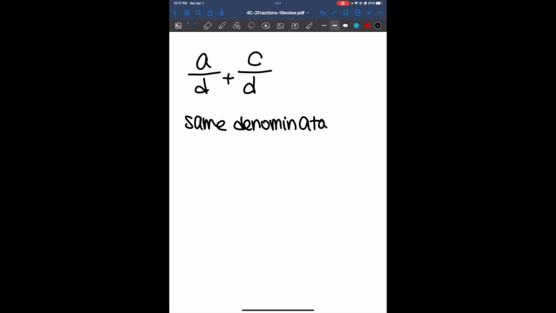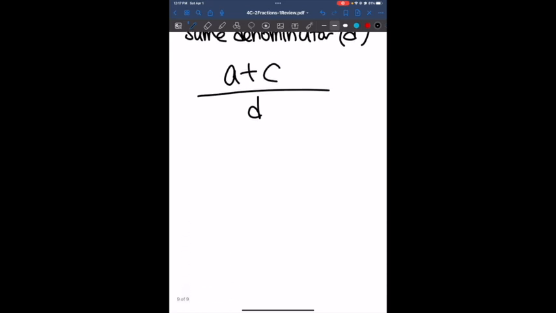When we have the same denominator, let's say A over D and C over D, then since the denominators are the same, the result of A over D plus C over D is going to be A plus C over D. It's the same for subtraction.